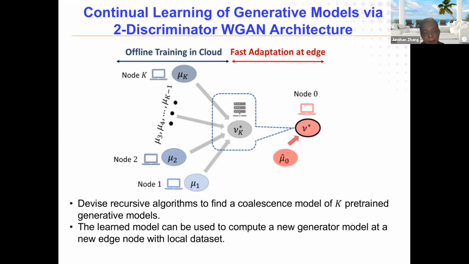In each recursion, we come up with a coalescence between two models, say node 1 and node 2, giving mu1 star, and so on. We do it recursively to find the coalescence of the k pre-trained generative models. Then we use that model as an initialization for faster adaptation at the edge, combined with the local data, and find the generative model at the new edge node 0.